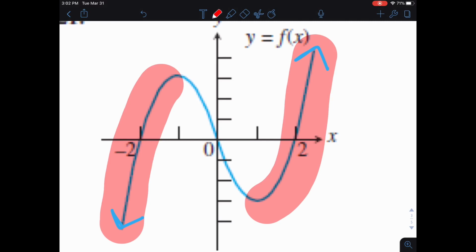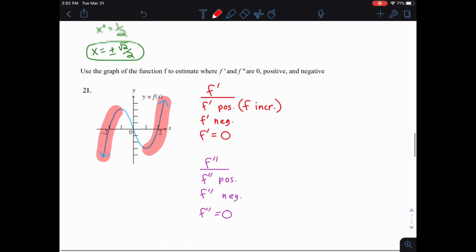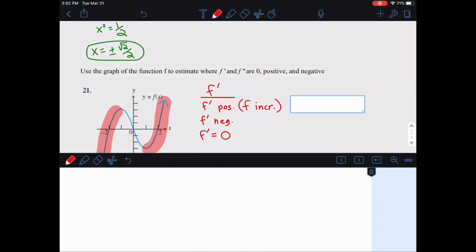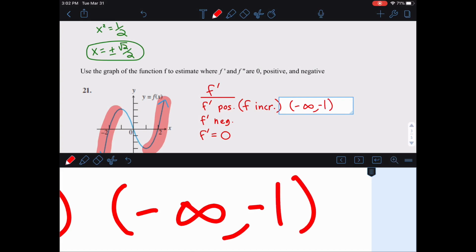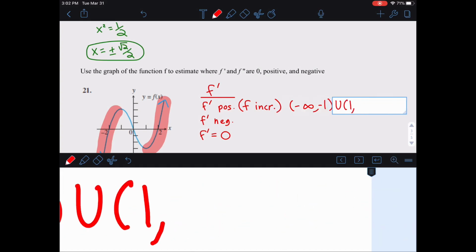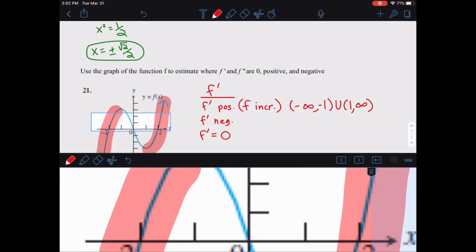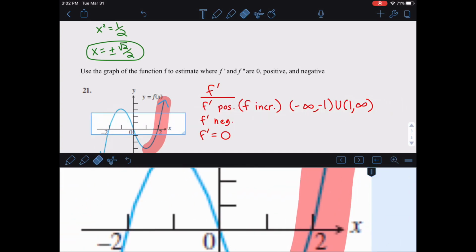I can also say on these two intervals, if I pick any point and draw my tangent line, its slope would be positive. So those are going to be my two interval answers here: negative infinity to negative 1, union 1 to positive infinity. Okay, so where is f prime going to be negative?